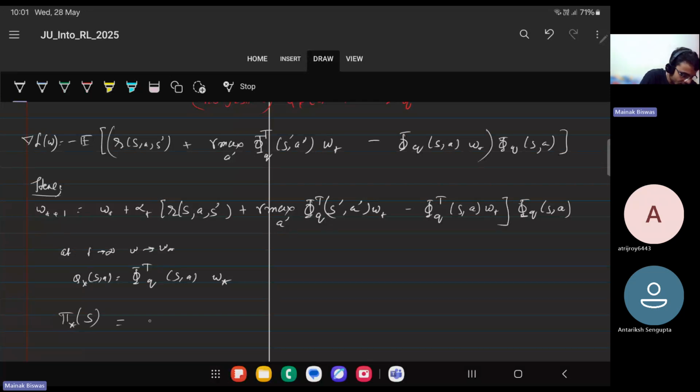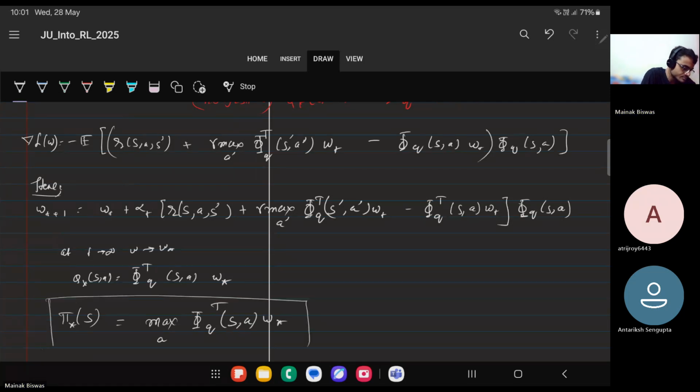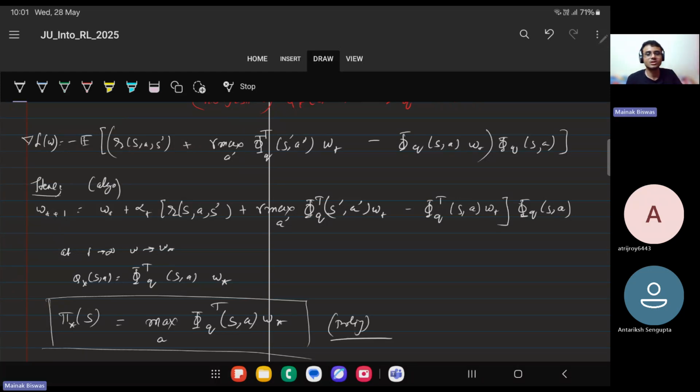I'll get it as the max over all actions of phi transpose Q star. Clear? Any questions?